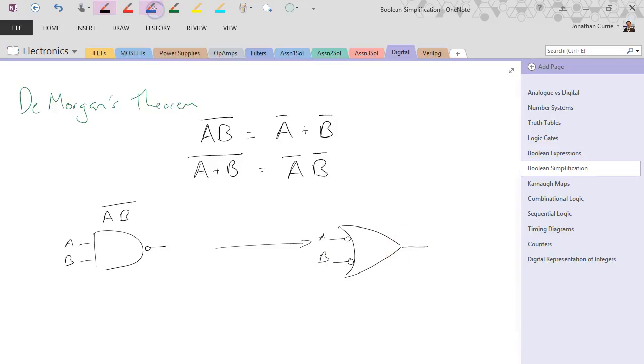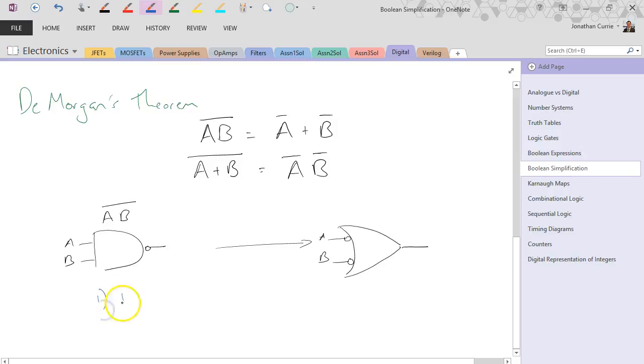And the way I remember how to do this is step 1, invert all inputs. Step 2, invert the symbol. I mean that in a very loose sense. And then 3, invert the output. So let's see how this works. A and B, invert both inputs, both get bubbles on them. Invert the symbol, AND goes to OR. And then the final step, invert the output. Bubble goes to no bubble.